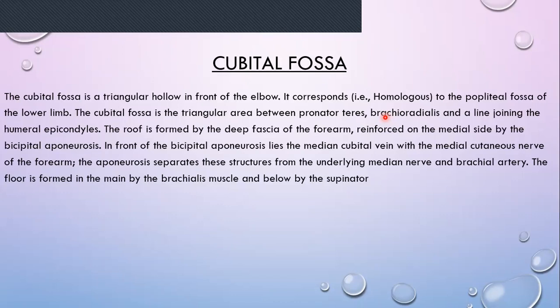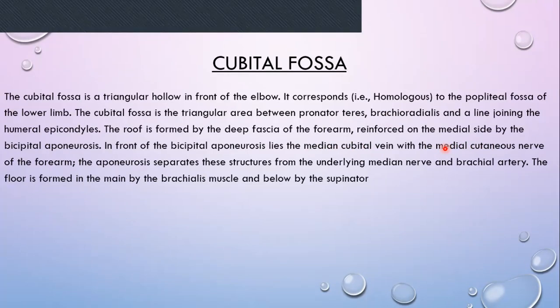The roof is formed by the deep fascia of the forearm, which is reinforced on the medial side by the bicipital aponeurosis. In front of the bicipital aponeurosis lies the median cubital vein and the medial antebrachial nerve, or the medial cutaneous nerve of the forearm. The bicipital aponeurosis separates these structures from the underlying median nerve and brachial artery.